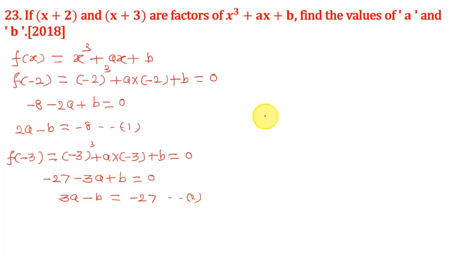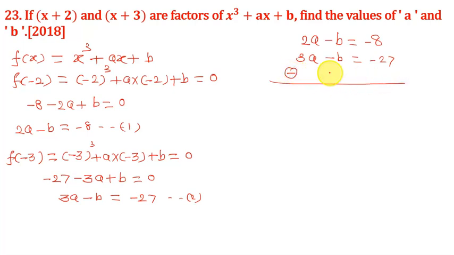Now solve these two. Subtraction: 2a minus b is equal to minus 8. Subtract this, 3a minus b is equal to minus 27. Equation 1 minus 2. Then after subtraction, change the sign.